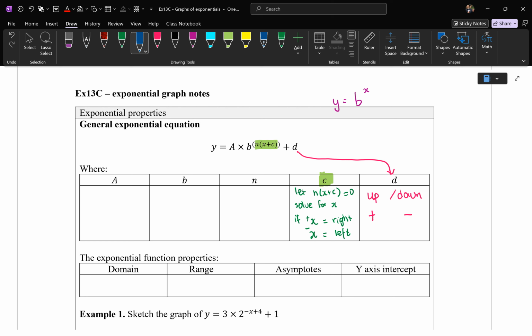But B is your base. It's the base of the exponent. And that just dictates the rate of how fast it grows. So I'm going to write here, this dictates the rate.